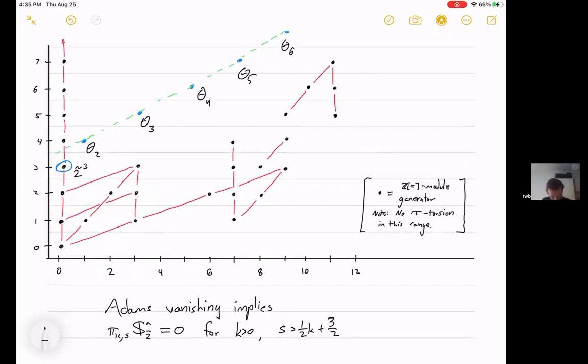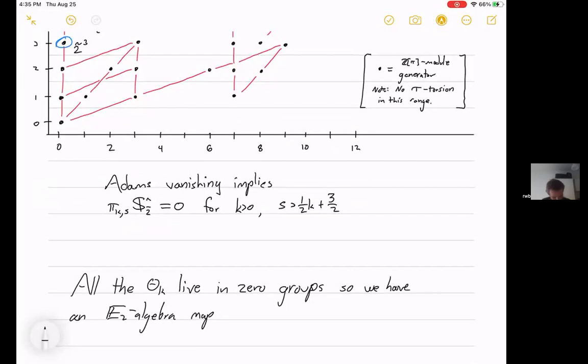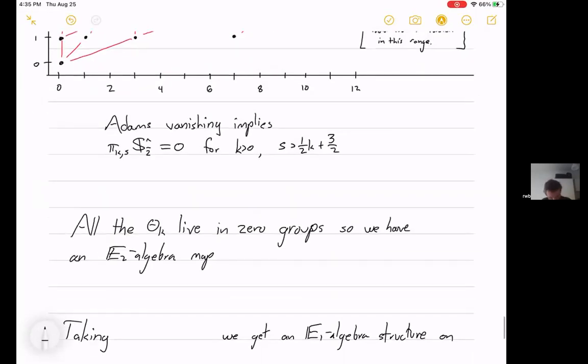Because the 2 tilde complete sphere is close enough to tau adequately complete, mod tau vanishing implies that we just have vanishing for these groups. So we have a line of slope 1/2 and another line of slope 1/2. They're parallel, and one of them has intercept about 2 greater than the other. So everything just lies in 0 groups. And there it is: all the theta k's are in 0 groups. So we have an E2 algebra map.